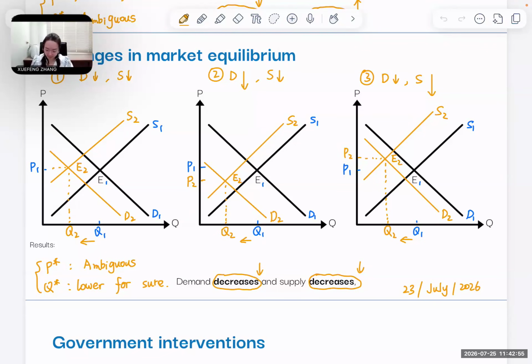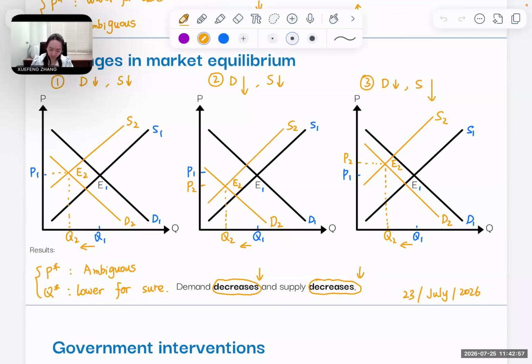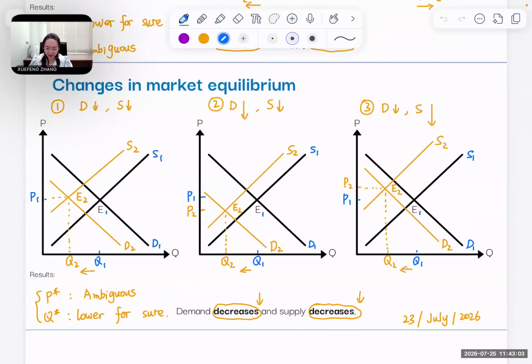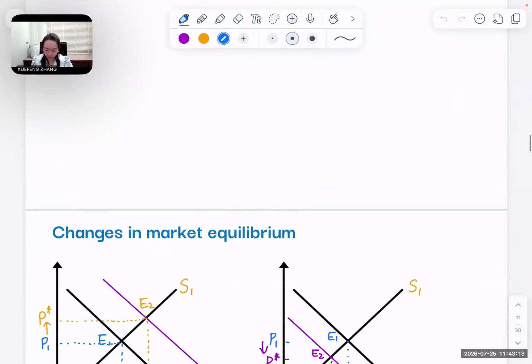All right. So last time, we've talked about the change in market equilibrium. I know it's a little bit confusing, but you just remember the three steps.